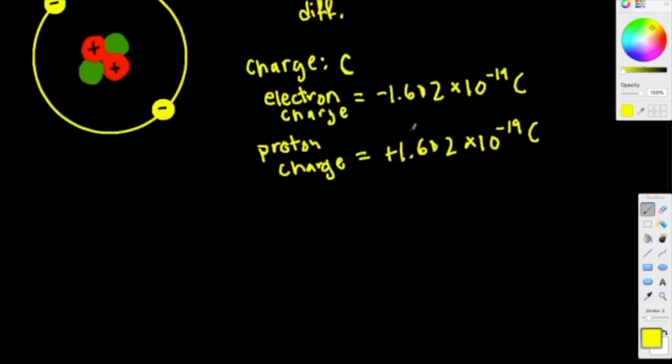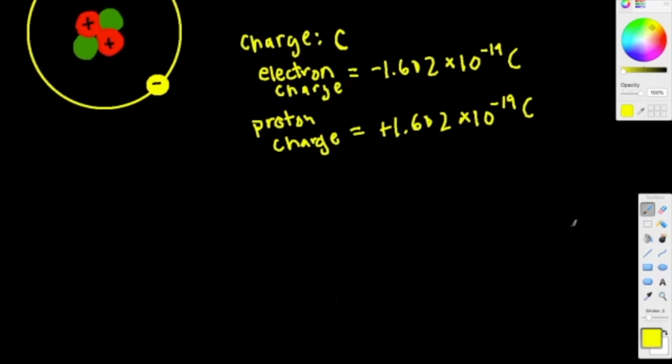Another thing that you have to keep track of is energy, and the SI unit of energy is going to be joules, or J. And 1 joule is equal to 1 Newton times 1 meter. Newton is a measure of force, meter is a measure of distance.